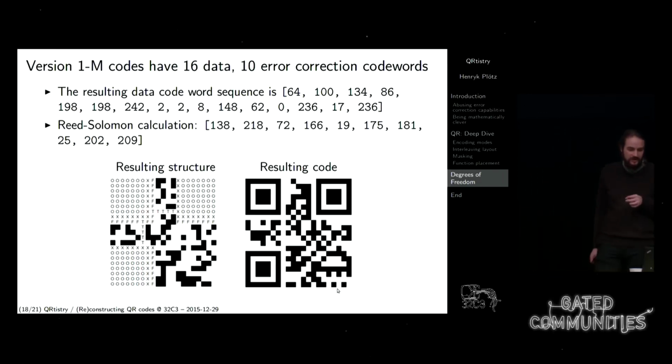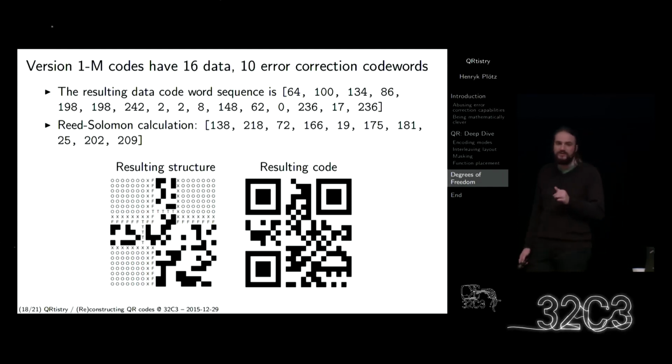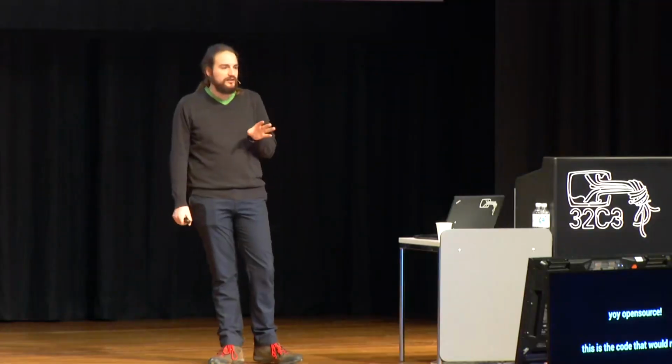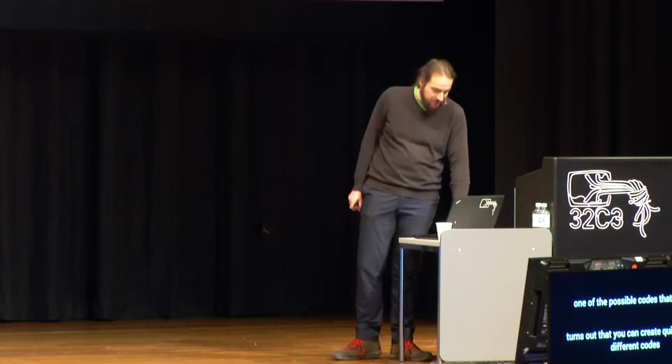Turns out that you can create quite a lot of different codes that are semantically equivalent, but look nothing like each other, which is the entire reason why I'm here.